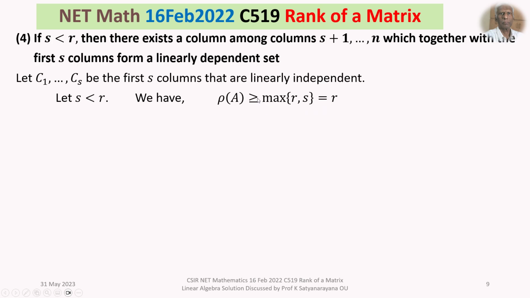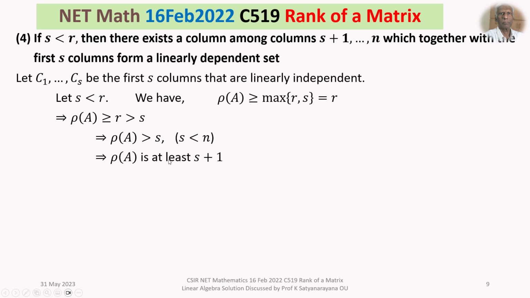The rank of A is greater than or equal to R. But S less than R means R greater than S. The rank of A is greater than or equal to R, which is greater than S. This means the rank of A is greater than S, but S is less than N. Therefore, rank of A is at least S plus 1. Okay? So, the column rank of A is at least S plus 1. Up to this, it is a similar proof to what you have done in option 3.